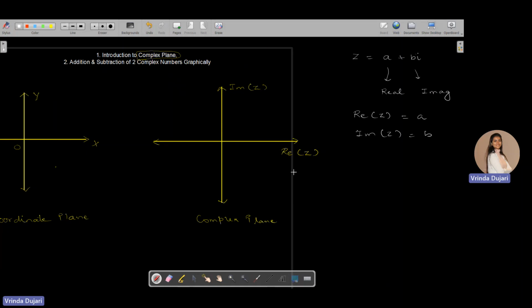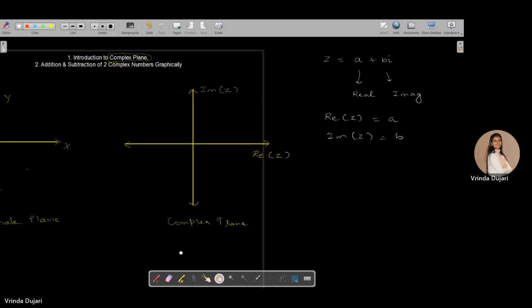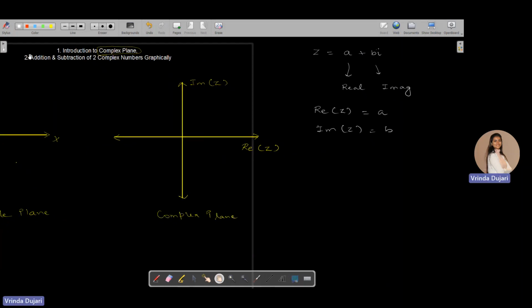Now, let me just take an example. Let's say that we have a complex number z = 2 + 3i. Okay, so its real part is 2 and its imaginary part is 3. So far, so good. So what we'll do is we will create a point like this.